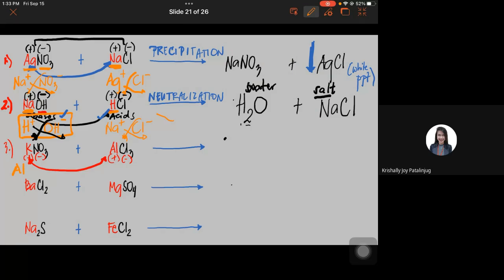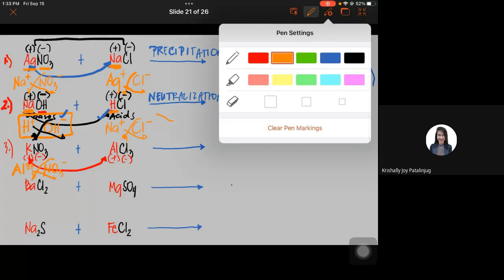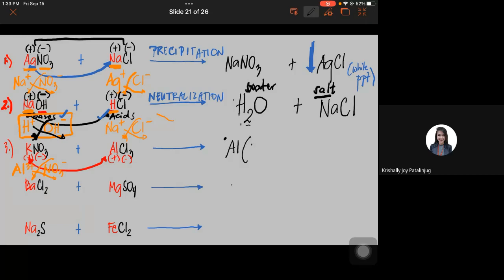Aluminum is Al3 plus, yes, followed by nitrate. So criss-cross method, you will produce the product aluminum nitrate. So you enclose in a parenthesis the polyatomic anion before writing subscript greater than 1.